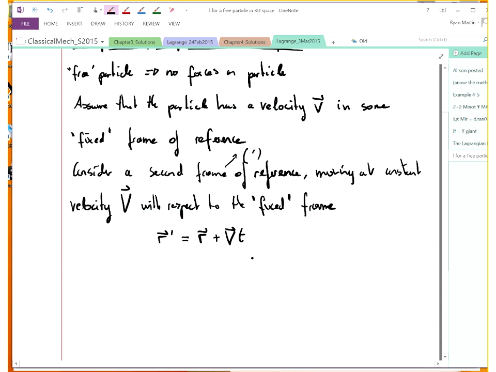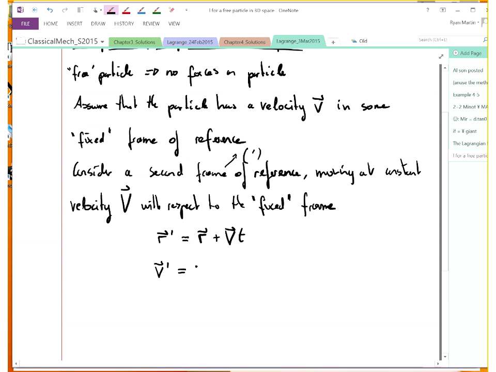So I describe the particle's position by r, and you guys are moving at a speed capital V with respect to me, and maybe at t equals 0, our frames of reference coincided. You would describe the particle by r prime equal to r plus Vt. There's an offset.